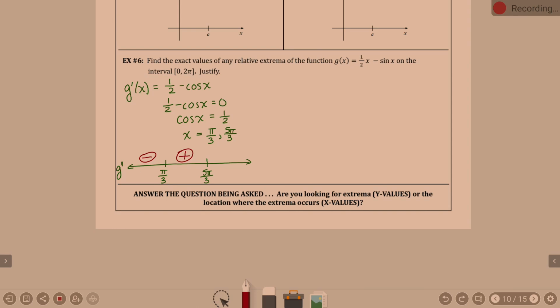Okay. And above 5 pi over 3, 2 pi. 1/2 minus cosine of 2 pi. Well, cosine of 2 pi is going to be 1. So 1/2 minus 1 is negative. I know you guys use your quadrants a lot, don't you? Me personally, I go back and think about our cosine curve. I know this is 1, this is negative 1.